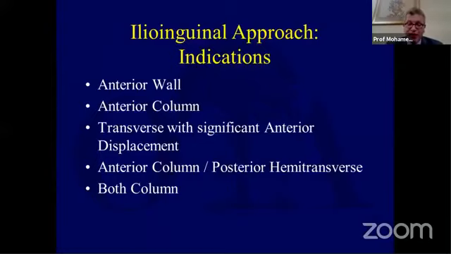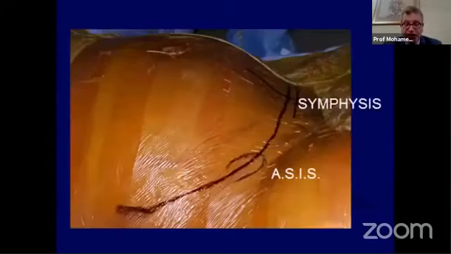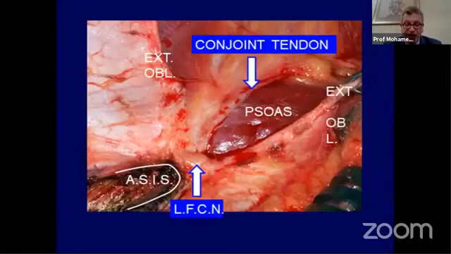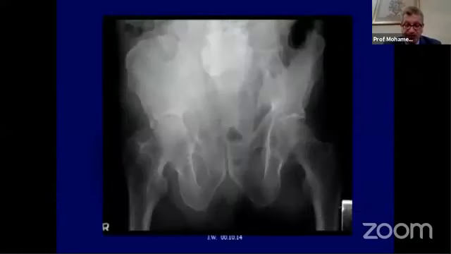The ilioinguinal approach, the anterior approach. The indications are anterior wall and anterior column fracture, transverse with significant anterior displacement, anterior column plus posterior hemitransverse, and both column fracture. This is the ilioinguinal one.